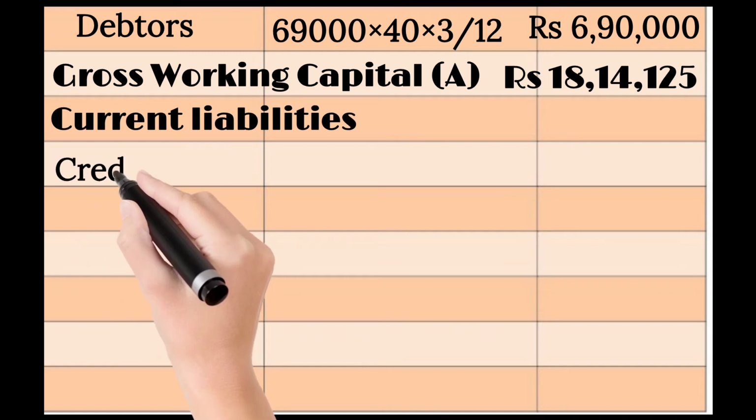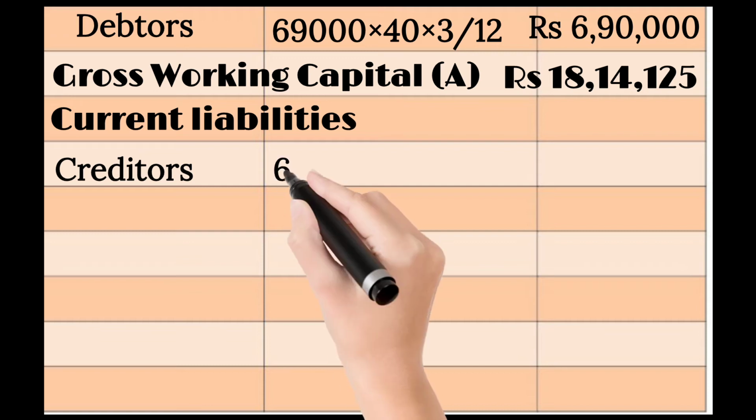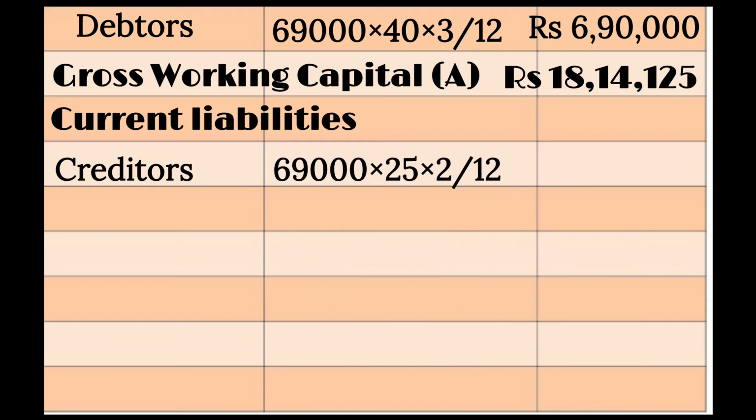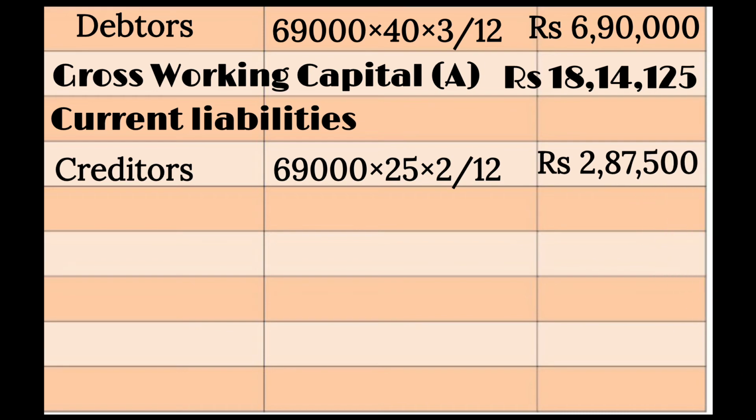For this, he has to first pay the creditors, because the credit allowed by suppliers is only 2 months. So 69,000 into the raw material cost of rupees 25, because you can take credit only for the materials, into 2 divided by 12, we get the creditors amount of rupees 2,87,500.